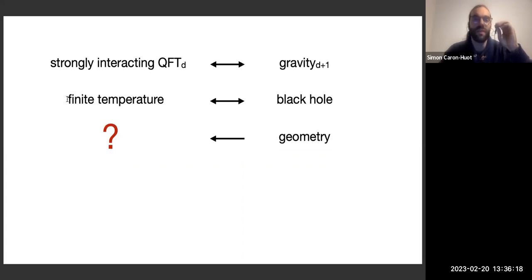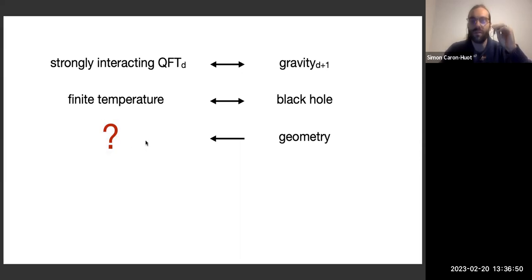For example, if you put the system at finite temperature, the bulk description in the extra dimension involves a black hole, and the temperature of the plasma is the Hawking temperature of the black hole, and so on. Many items in this dictionary are well understood, and what we try to clarify today is how to think about the geometry of the bulk from the viewpoint of things we can measure on the boundary.